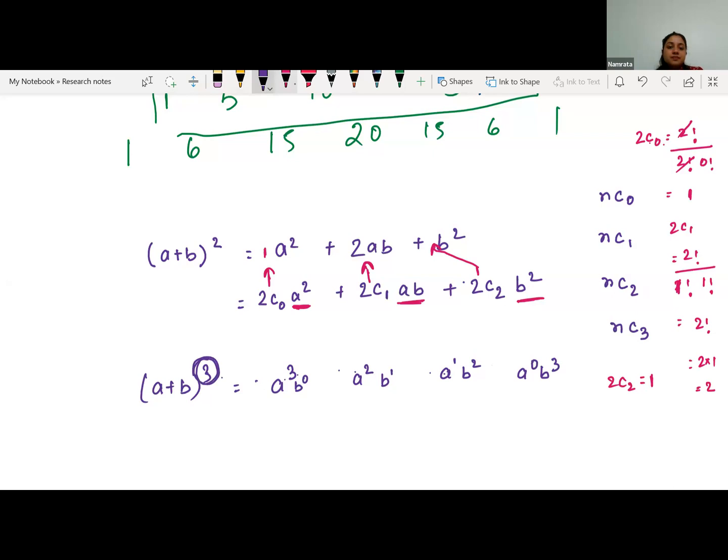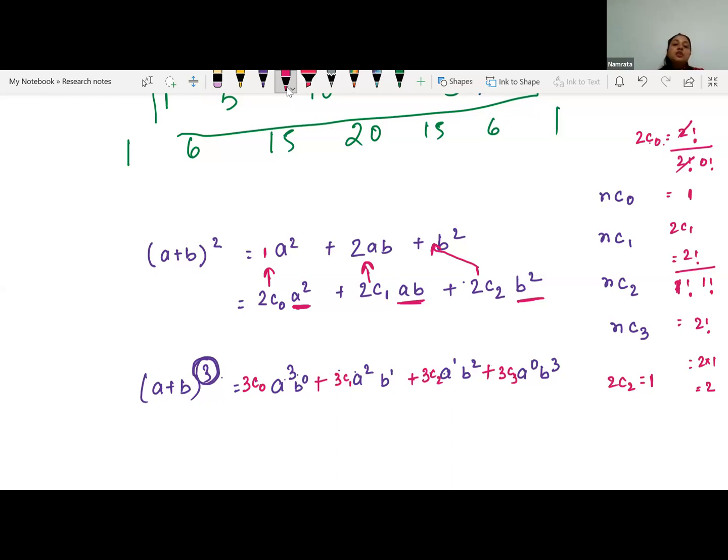Let's take it. First I am going to take 3c0, then 3c1, then 3c2, and then 3c3. All need addition. Is it okay? Yes, ma'am. And if you want to check whether this is true or not, let's check it out.